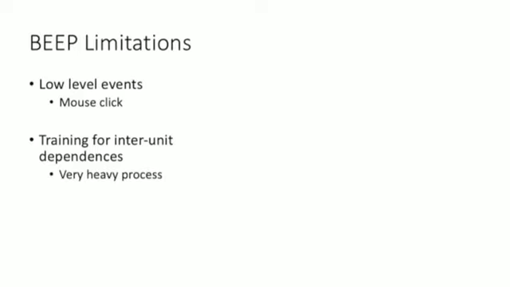So the process to identify the inter-unit dependence is very heavy. And BIP also generates many useless units, like mouse movements. Those signals from the hardware are also external inputs, and this will make a lot of unnecessary units.